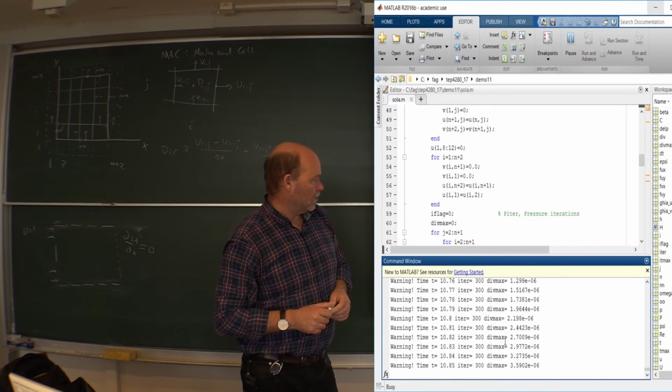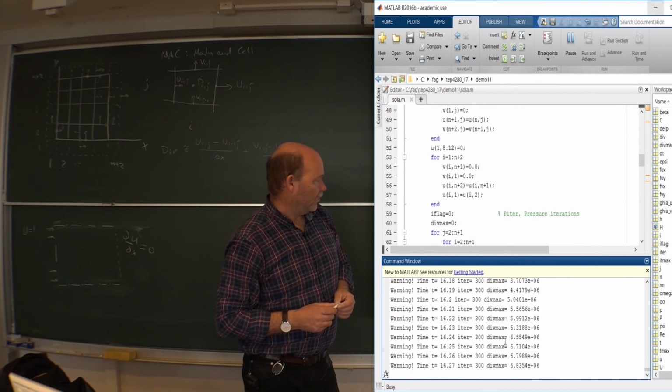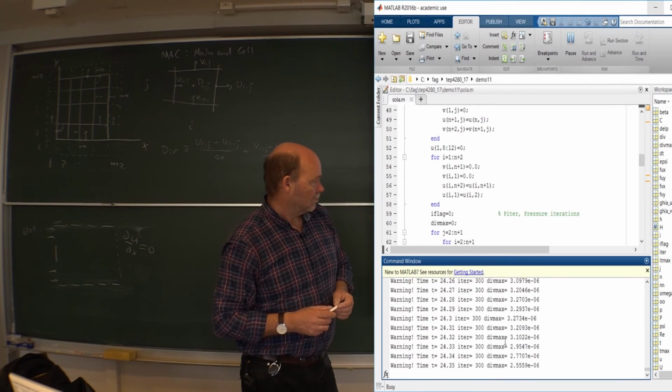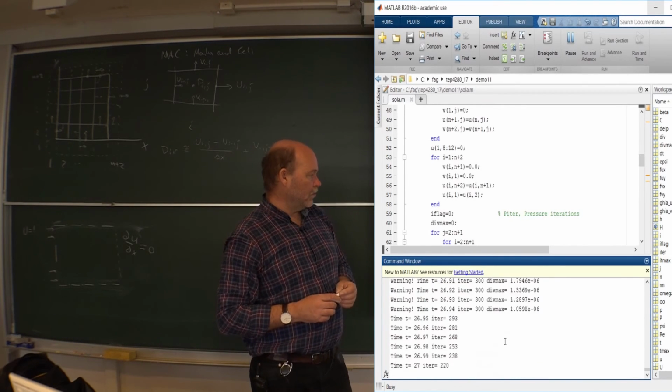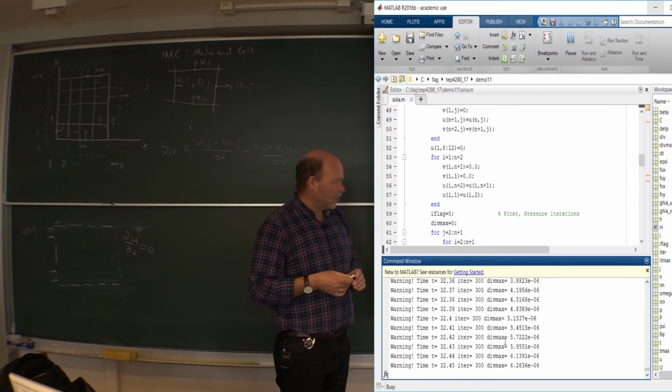Yes, a little trouble, but hopefully he survives. It doesn't explode, but he uses roughly 300 iterations for every single time step, as you can see.